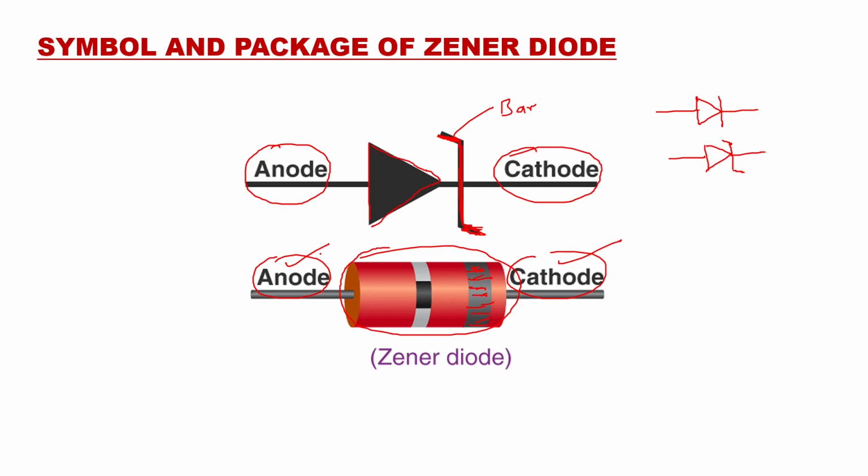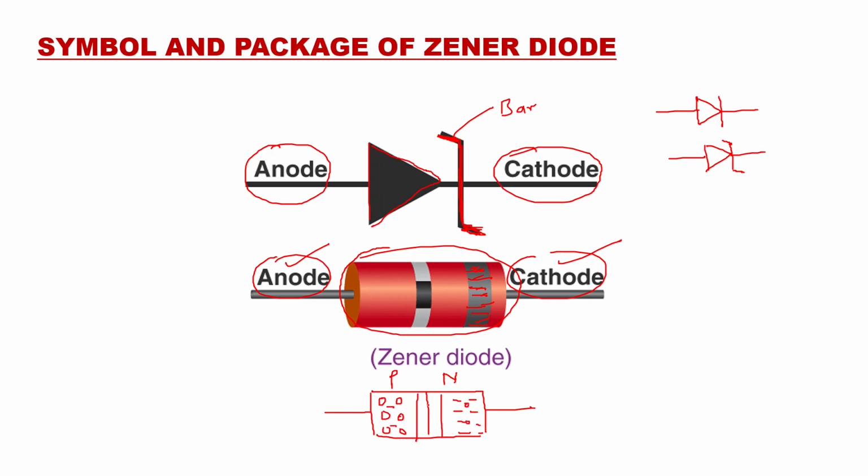Okay, now this is symbol and structure. Again you can say that this structure is nothing but your PN junction as we have seen earlier. So P type of material, N type of material. This is anode, this is cathode. Here you have holes as majority charge carriers, here electrons as majority charge carriers, here electrons as minority charge carriers, here holes as minority charge carriers.